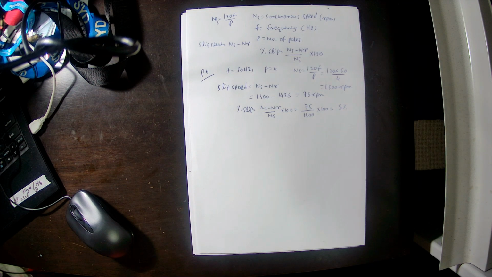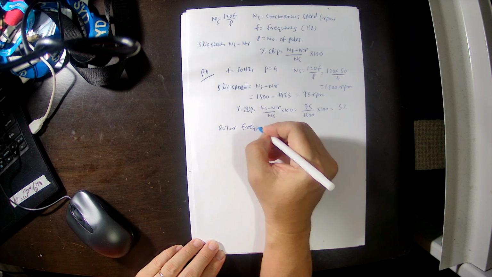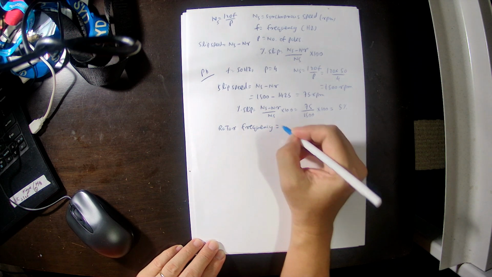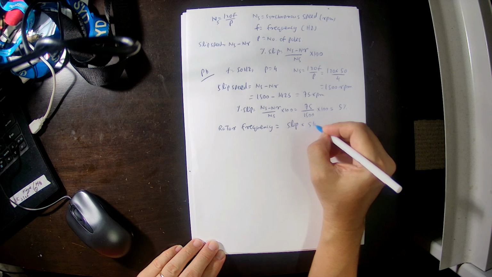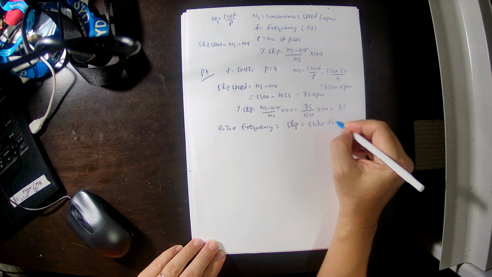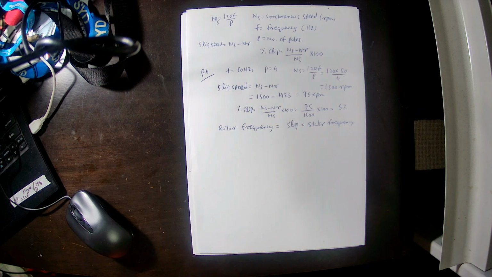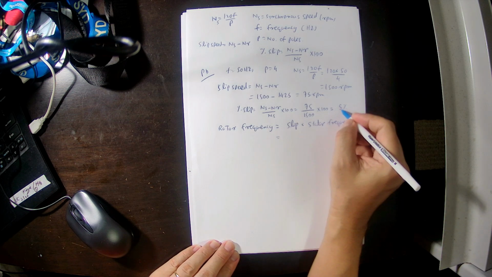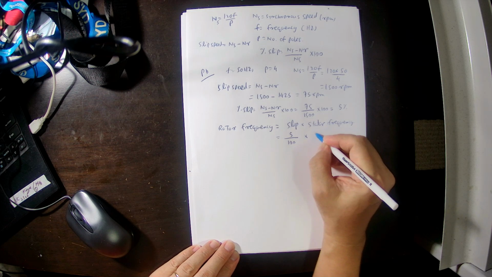We also calculate the rotor frequency. Rotor frequency equals slip multiplied by stator frequency. Stator frequency is the supply frequency. We connect the 50 Hz supply, so the stator frequency is 50 Hz. Slip in this case is the 5% given, so you have to divide it by 100, and the stator frequency is 50 Hz.